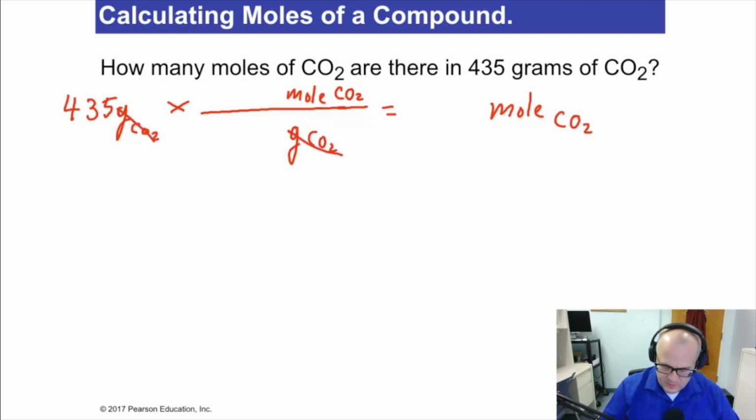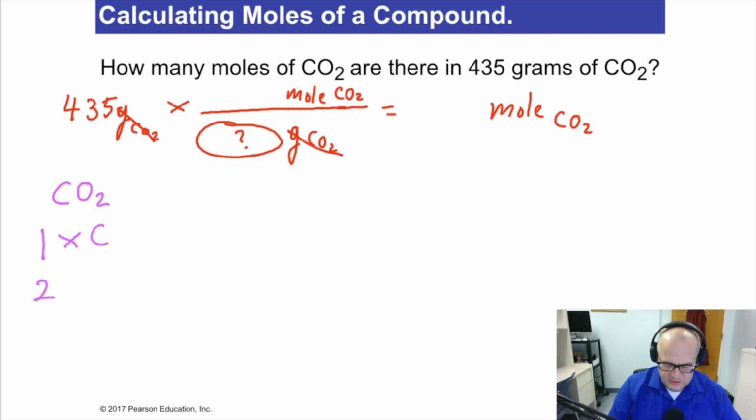So now, we don't know what number to put here. I have no idea. I'd have to look it up in the periodic table. But I go to the periodic table and I realize there's no CO2 element. That's a molecule. I have to calculate it, right? So let's calculate it. CO2, 1 times carbon, 2 times oxygen, equals 2 times 16.00 grams per mole.